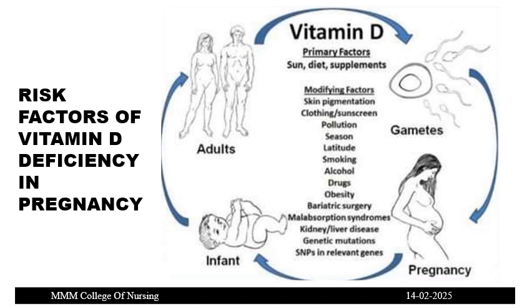Vitamin D deficiency is caused by altering the functions of proteins involved in absorption, conversion, and the active form of vitamin D, leading to reduced levels of active vitamin D in the body, even with adequate sunlight exposure and dietary intake. So that is what happens in SNPs and relevant gene conditions. So these are some of the primary factors and modifying factors that cause vitamin D deficiency in a pregnant woman.